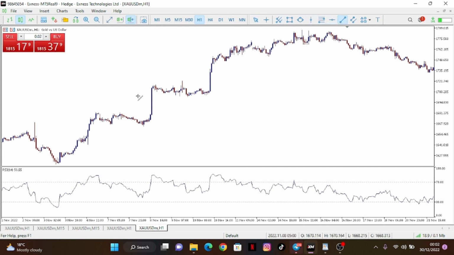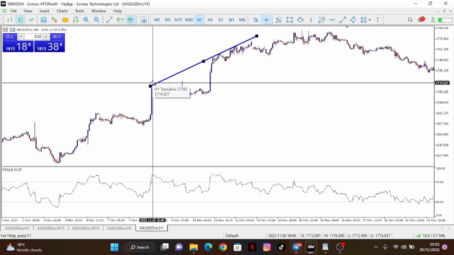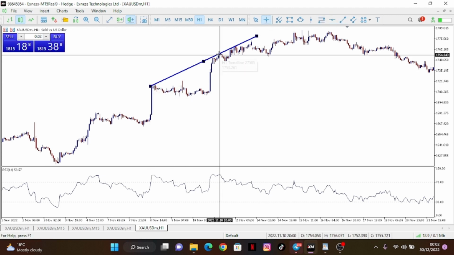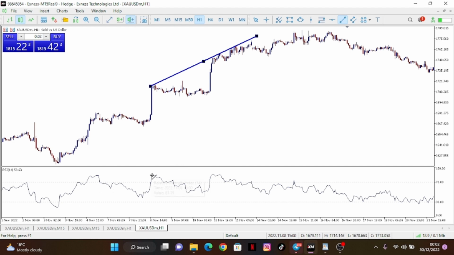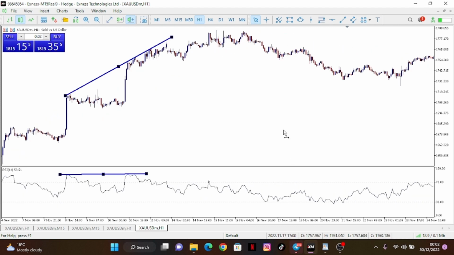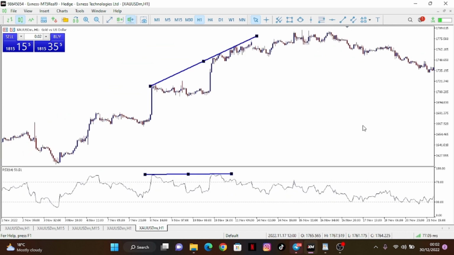I see something. We have that. We use our cursor. We have that and that. Okay, this is pretty confusing. I think there's divergence here, but it's pretty confusing.